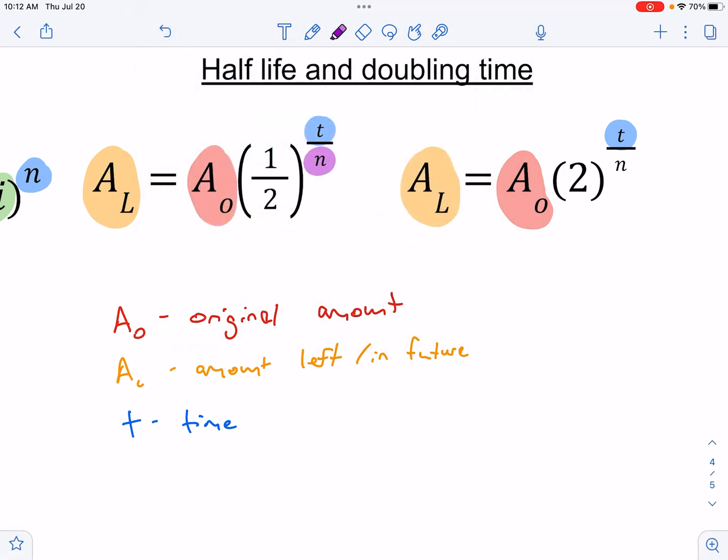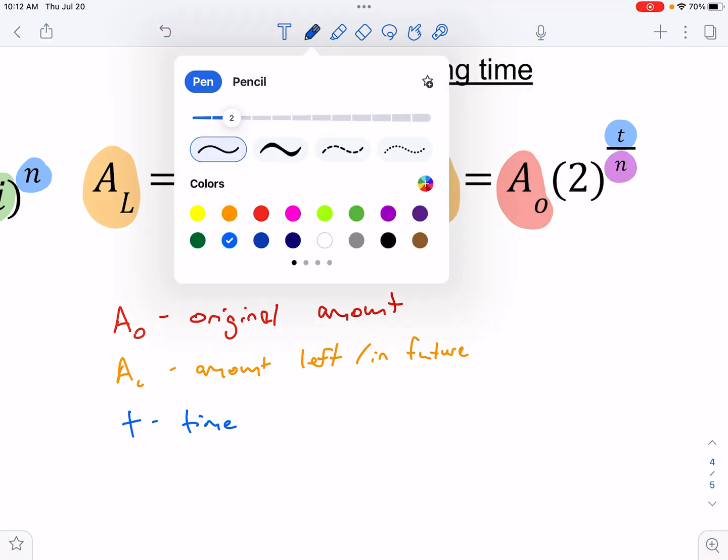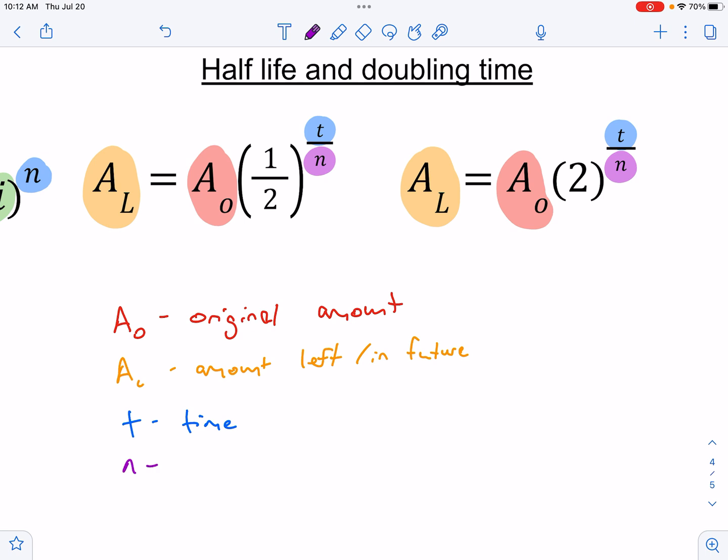N, at the bottom here, is your half-life or doubling period. And this is going to be given to you.